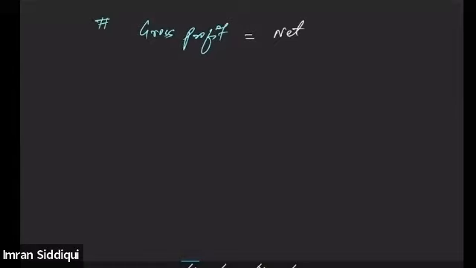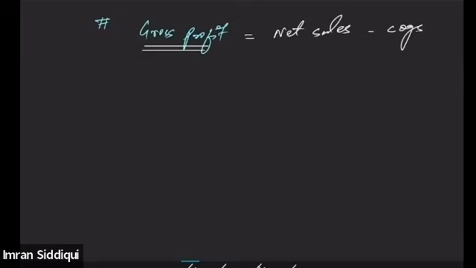If you want to calculate gross profit, in that situation you can apply this formula. If the cost of goods sold is given in the question, then gross profit can be calculated simply by subtracting the cost of goods sold from the net value of sales. Net sales minus cost of goods sold will give you the gross profit.